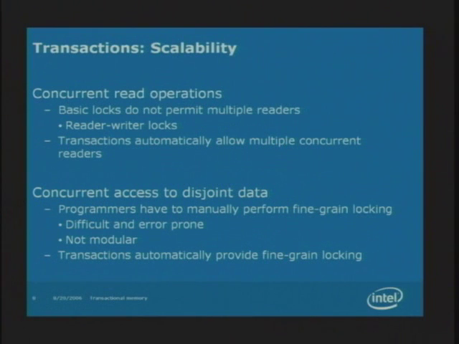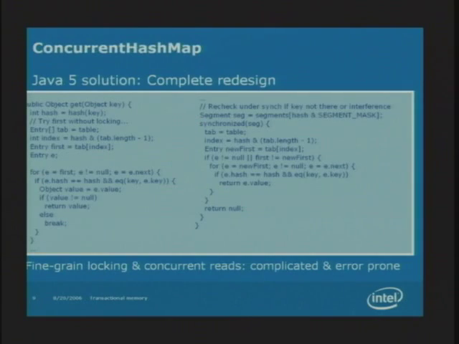So can I take the previous hash map data structure and rewrite it to get this kind of scalability using locks? Well, yes, you can. And this is what the code looks like. In fact, in the Java 1.5 libraries, there's a new type of hash map called concurrent hash map. And here's what the get function for that looks like. As you can see, this is a lot more code. And in fact, this is not all of it. If you analyze this code, what it's trying to do is provide read concurrency, and it's trying to provide disjoint access concurrency, so that if two transactions update two different buckets in the table, they can execute concurrently.